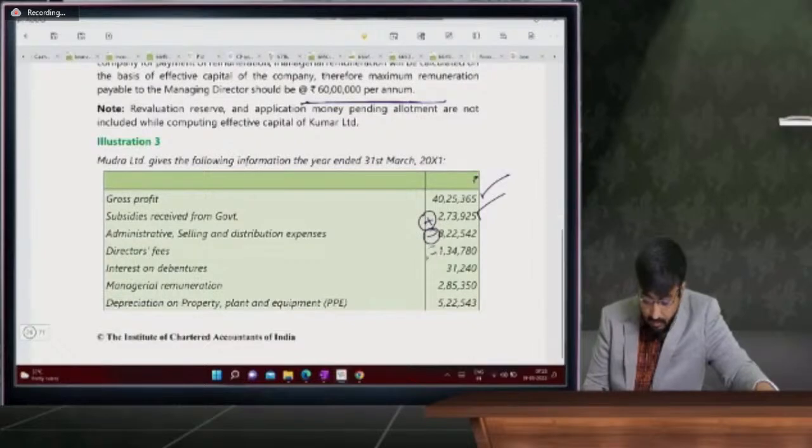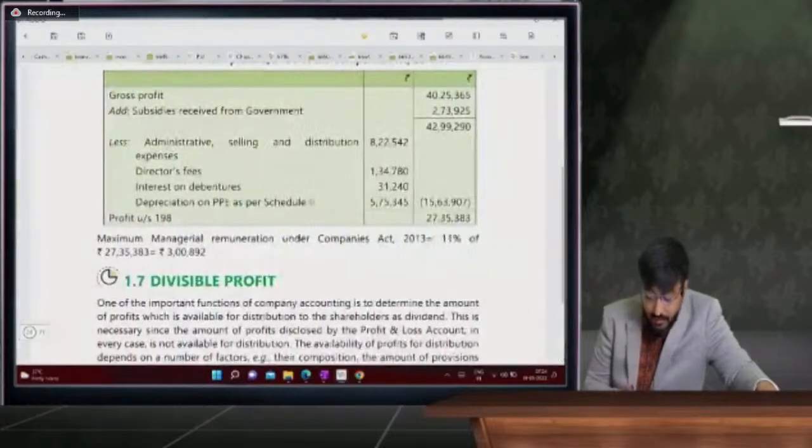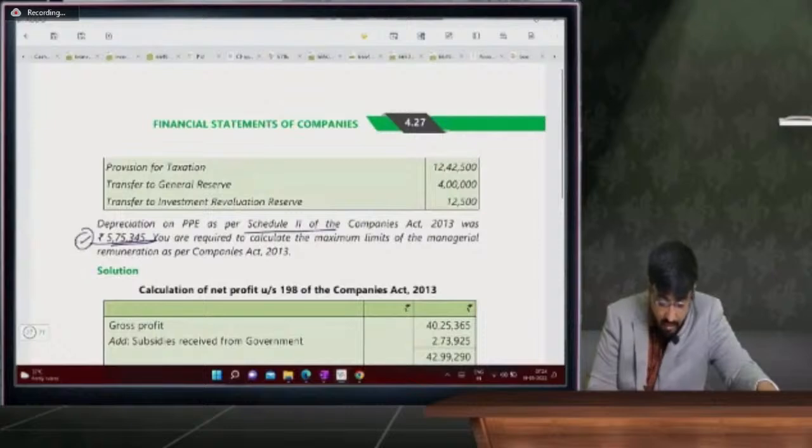Director fees, we will deduct it. Interest on debentures, we will deduct it. Managerial remuneration will be ignored because we are calculating this, so we will not consider it. Depreciation on property, plant and equipment, ignore the given figure because we will consider it as per Schedule 2, that is 575. So that we will deduct it.